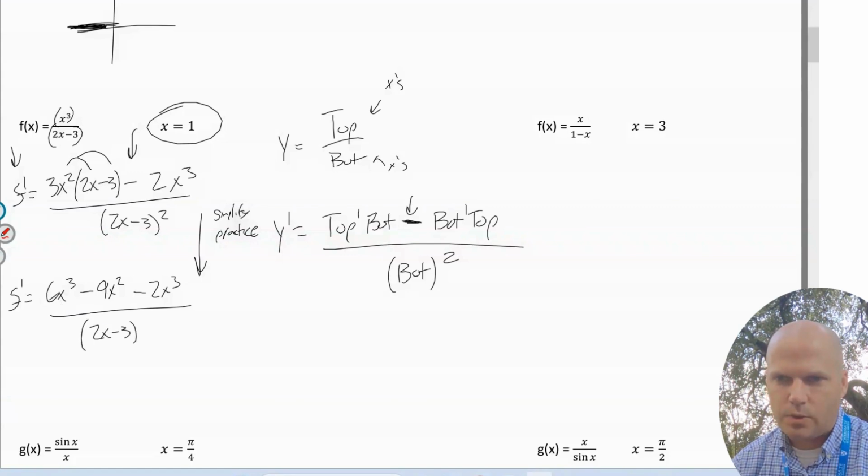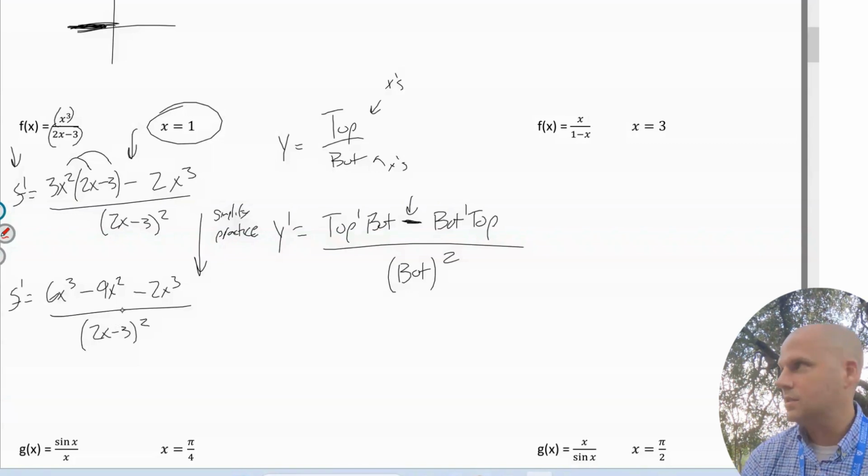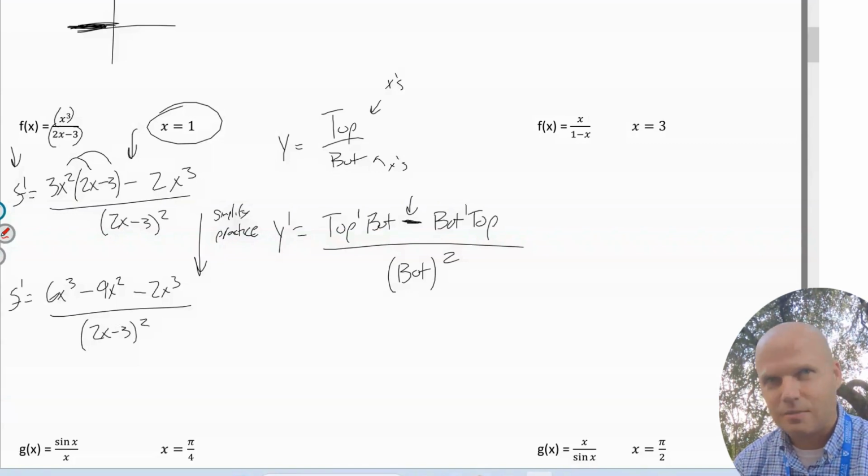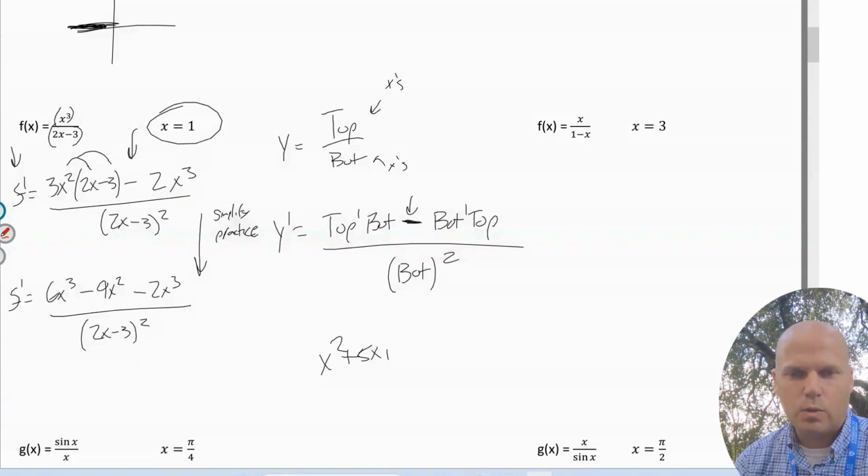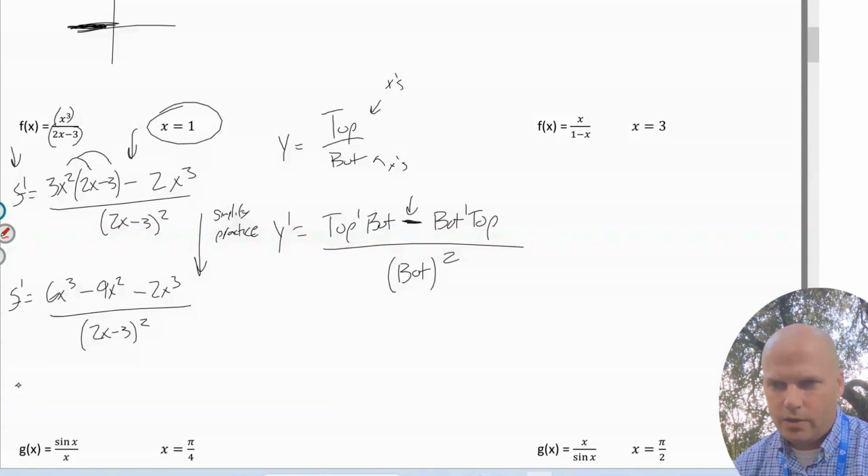I'm not going to distribute the bottom, because that's actually not simplified. If I ask you to simplify this, what would you do? Well, you would factor. We like to have things factored, not spread out with addition.